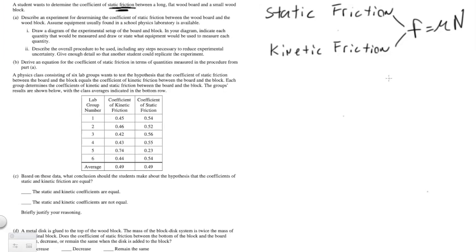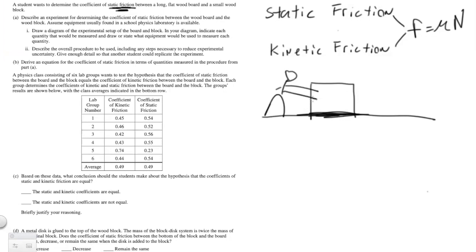The way I explain the difference between static and kinetic is, everybody's had the experience of pushing a big, giant block or big old box of some sort. You start pushing on the box, and it doesn't initially start to move, because even though you're applying a force this way, let's call that force applied, there's a static friction which is opposing.